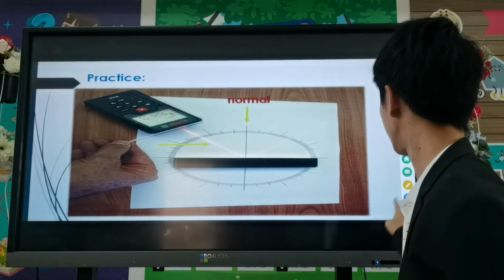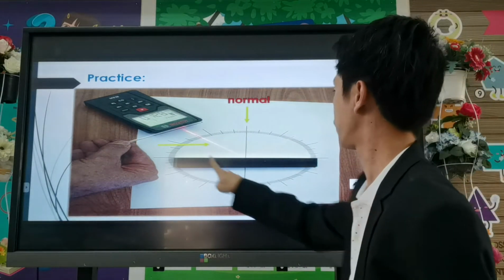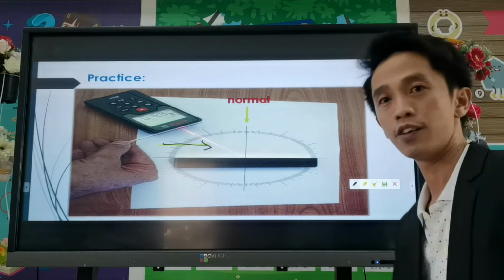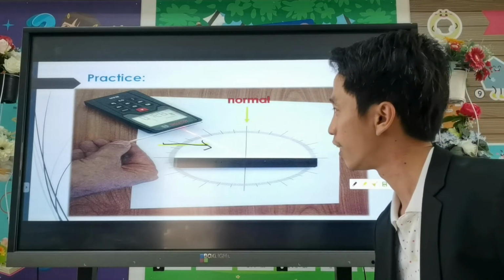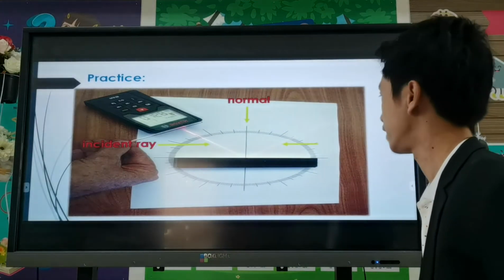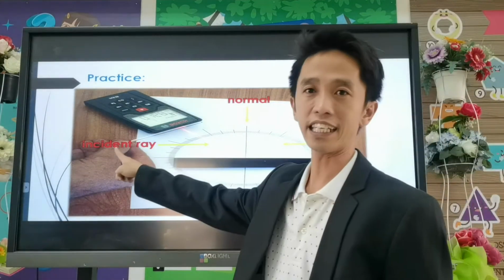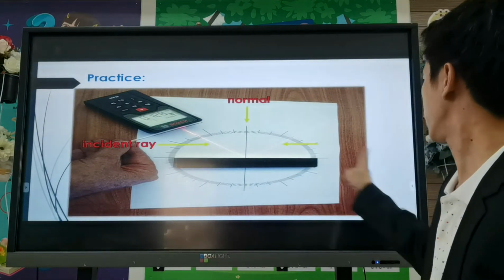This line, hope you can see. What do you call this line? Okay, that is incident ray. Okay, this one. And this one, what do you call this one?